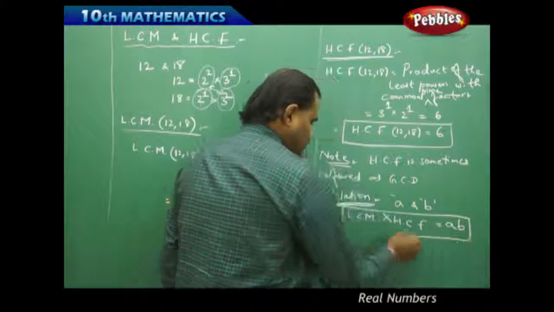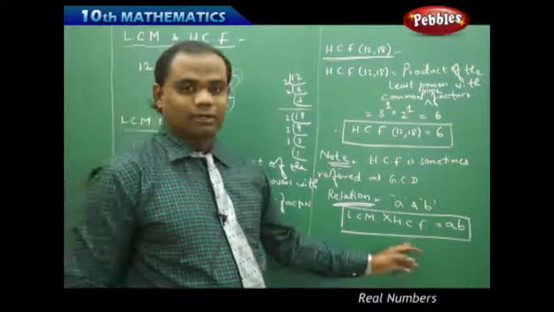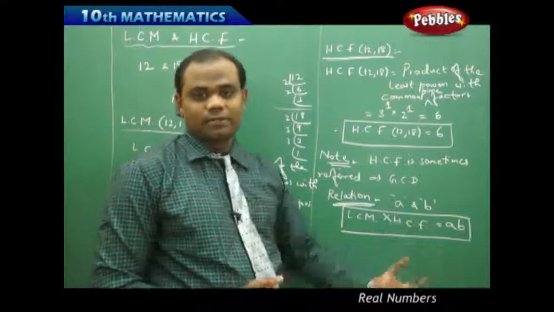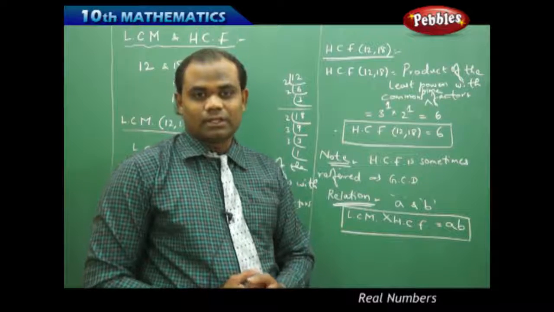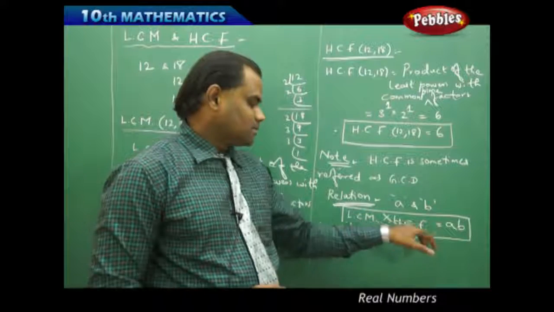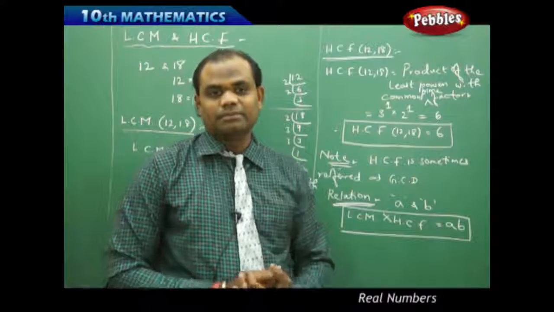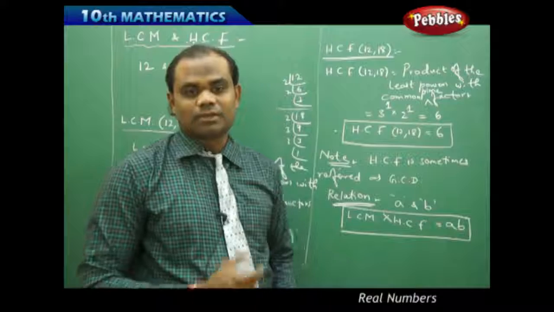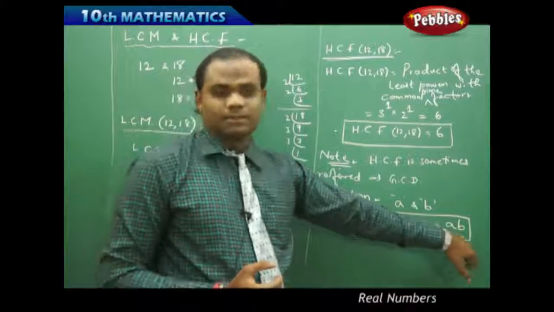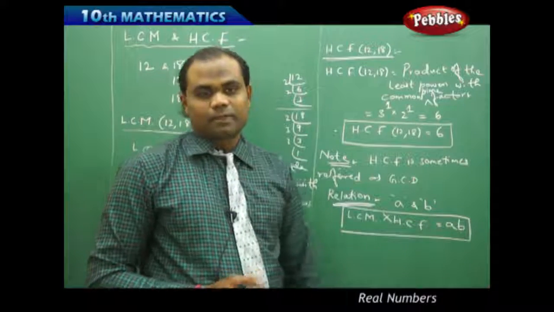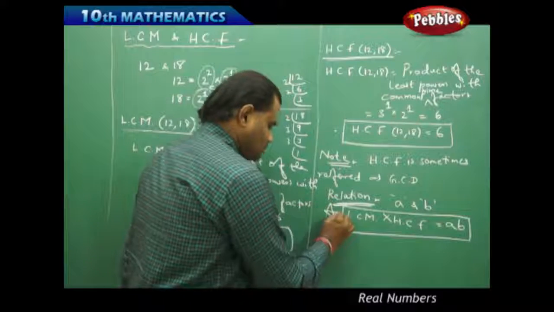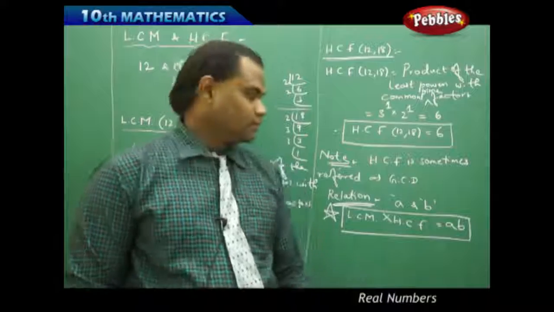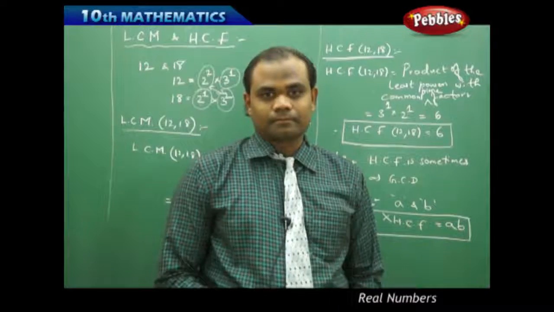If I wanted to find the LCM or HCF, I can also use this formula, provided I know one of them. LCM times HCF is equal to A times B. This is very important because it connects HCF and LCM with a mathematical equation.